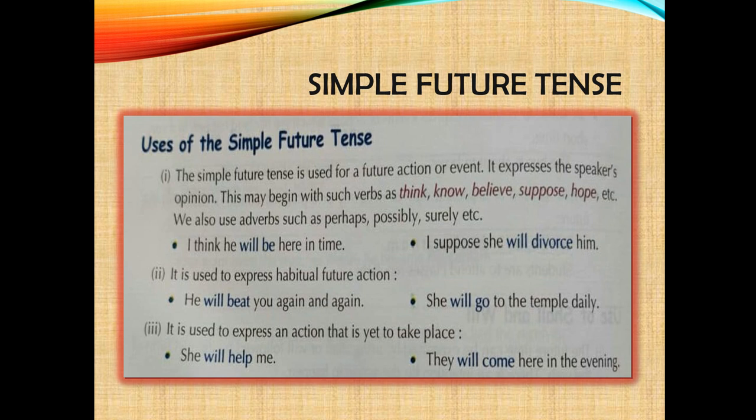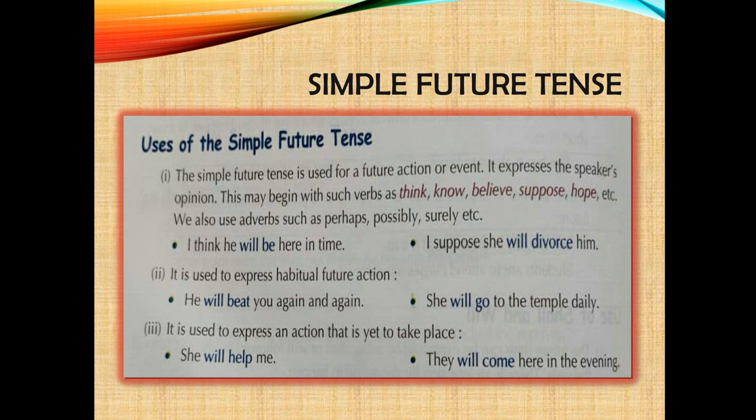It expresses the speaker's opinion. This may begin with such verbs as think, know, believe, suppose, hope, etc. We also use adverbs such as perhaps, possibly, surely, etc. Now, why are these verbs or adverbs used?